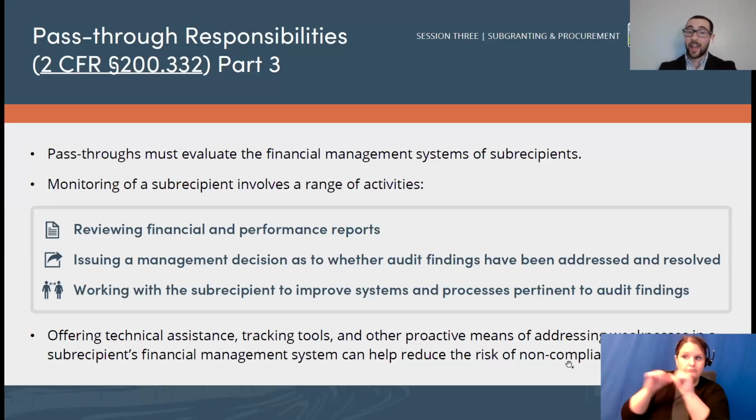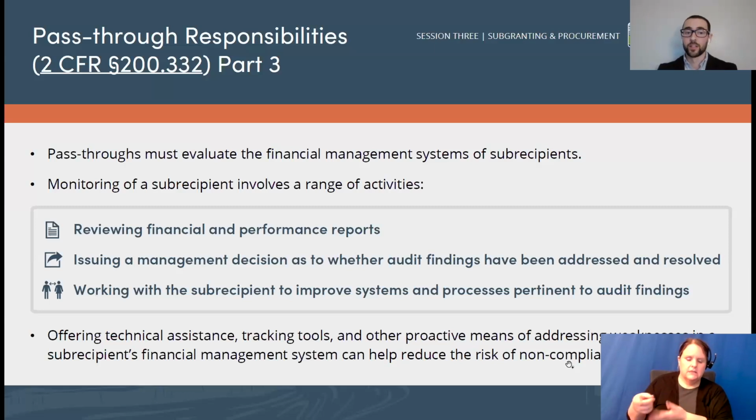And if they haven't, then work with the subrecipient to improve their systems and processes related to those findings. The pass-through entity also potentially needs to offer technical assistance, which could involve tracking tools, right? Maybe time tracking spreadsheets, or other proactive means of addressing the weaknesses discovered by the auditor.